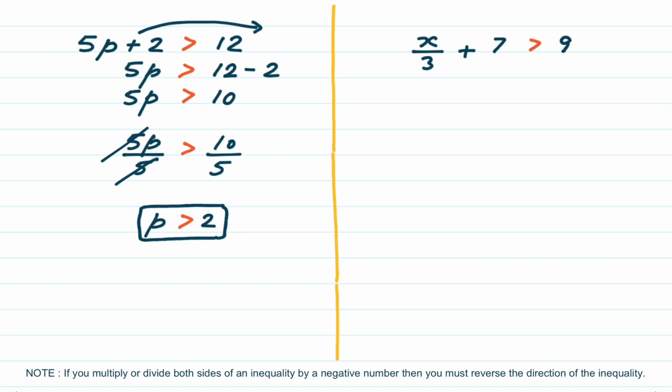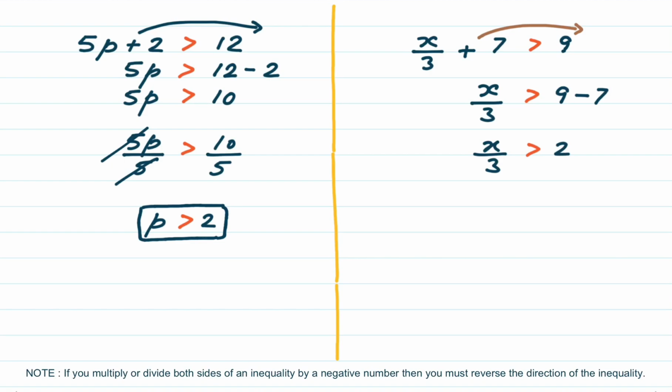In our next question, we shift the positive 7 to the other side of the inequality, and so we get x over 3 greater than 9 minus 7. That gives me x over 3 greater than 2.